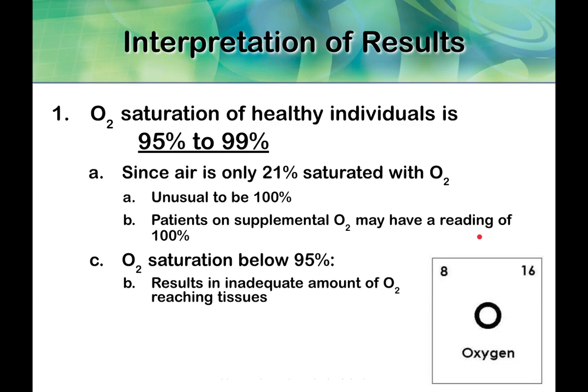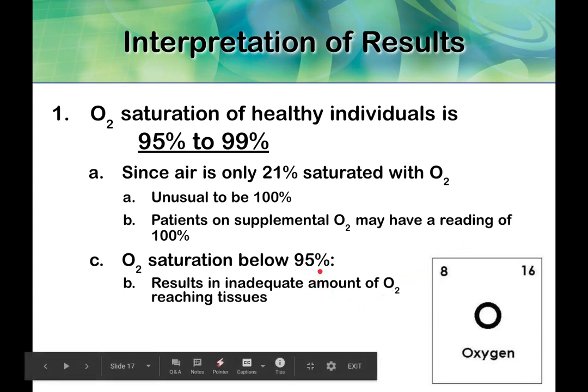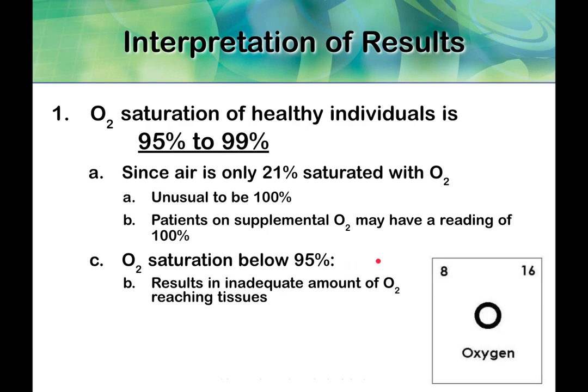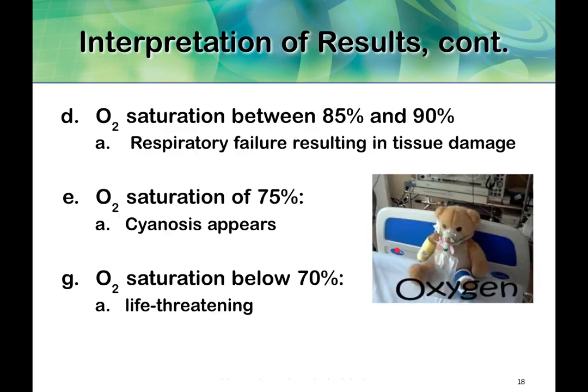Sometimes people tend to just breathe kind of shallowly when they're getting their vital signs checked, and you'll see a patient drop below 95%. Sometimes I'll just ask them to take a few deep breaths, and you'll watch it just kind of pop back up, and then it'll get up to 98 where it should be. If you're getting a reading between 85 and 90%, this is definitely respiratory failure and could be resulting in tissue damage.